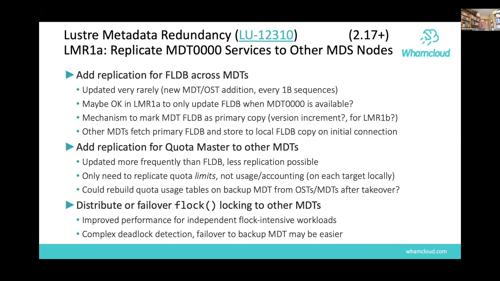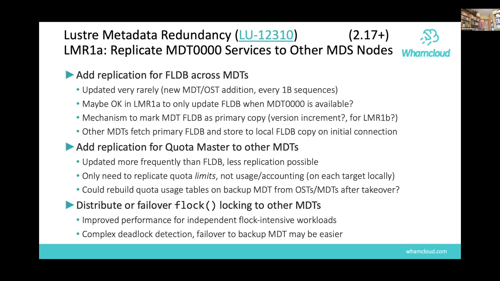And so the first stage of the metadata redundancy is looking at services that are dedicated on MDT0 and seeing what can be done to distribute those or make them fault tolerant so that other MDTs can take over.